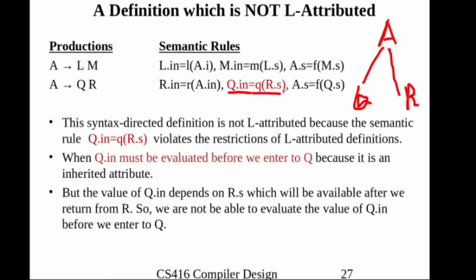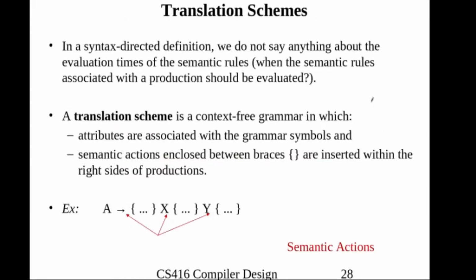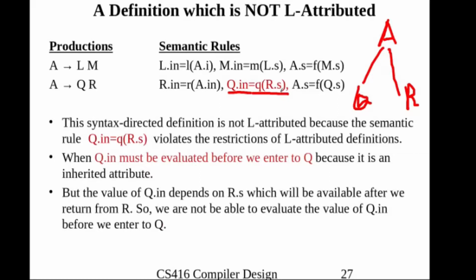The inherited attribute of Q depends on the synthesized attribute of R. That is an invalid association, because the inherited attribute of Q must depend on either its parent or the symbols to the left of Q. In this case Q is the leftmost symbol, so there is nothing to the left of Q. It can depend only on its parent A. But here Q dot in depends on R dot S. R is to the right of Q, so it is not a valid L-attributed definition.